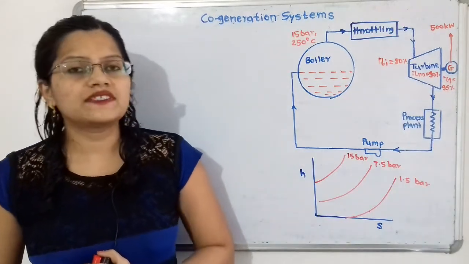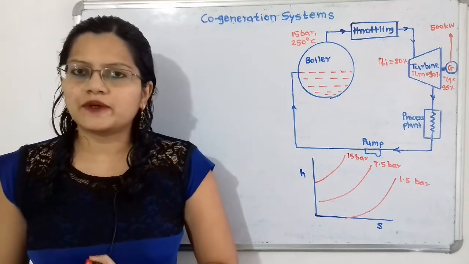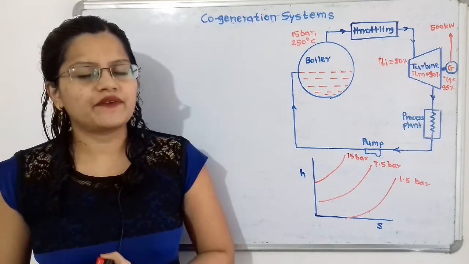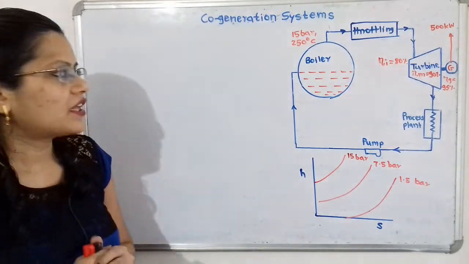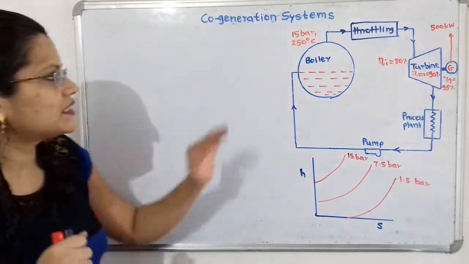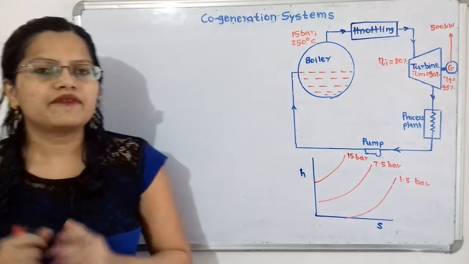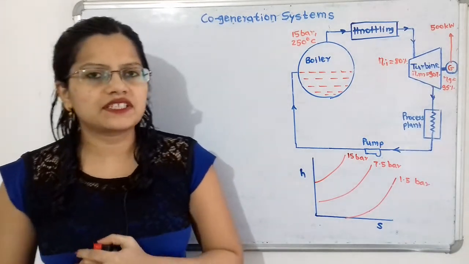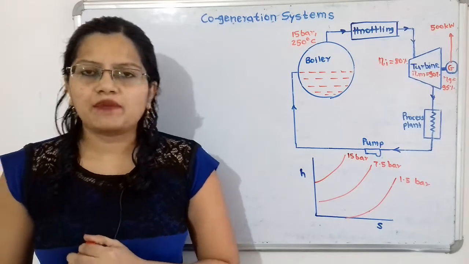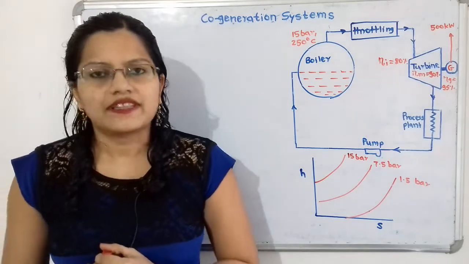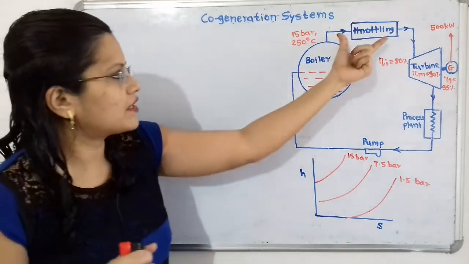Now we will move to the second part of the question, that is when the throttling process is taking place. So we will understand the given data with the help of the diagram. Now the initial condition of steam is at 15 bar and 250 degrees Celsius. Here the pressure is reduced by 50% to reduce the load by 50% with the help of the throttling process.